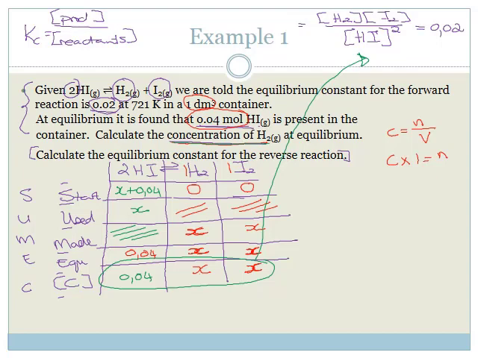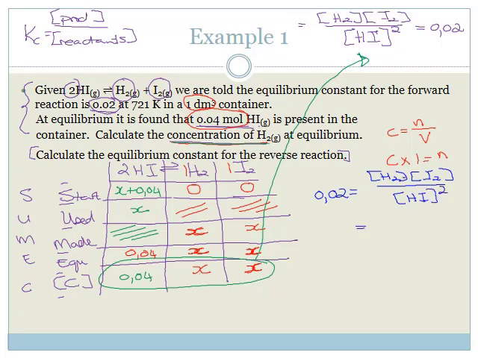So let's do that. We've got 0.02, which is our value for Kc, equals the concentration of hydrogen times the concentration of iodine, all over the concentration of hydrogen iodide, all squared.